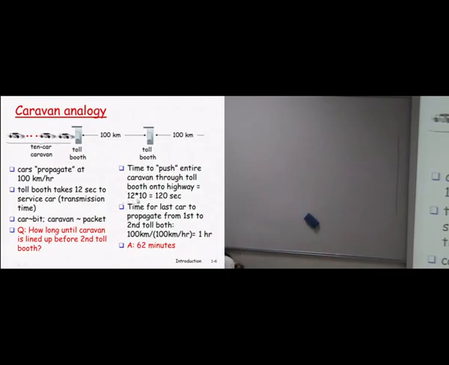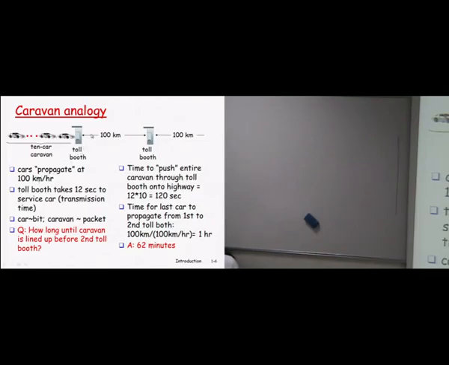Clear? Now they have started their journey, and the cars are moving at 100 km per hour, and the distance between the two toll booths is 100 km. The time for the last car to propagate from the first toll booth to the second is the distance 100 over the speed, d upon s. Clear?